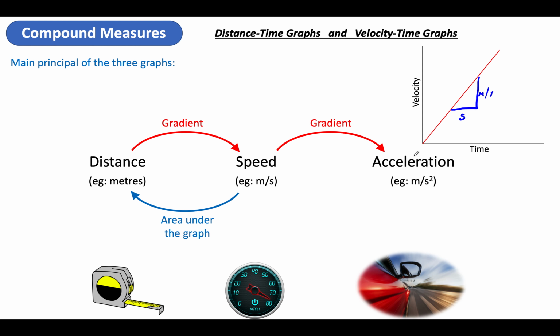But here's the clever bit. If I find the area under this graph, so all of this, and in this case it's just a triangle, isn't it? So if I find the area of that triangle, that would actually tell me how far I have gone in that time. So the area under the graph can tell me the distance. Basically, find the area under the graph and that will tell you what distance you went. Yeah.